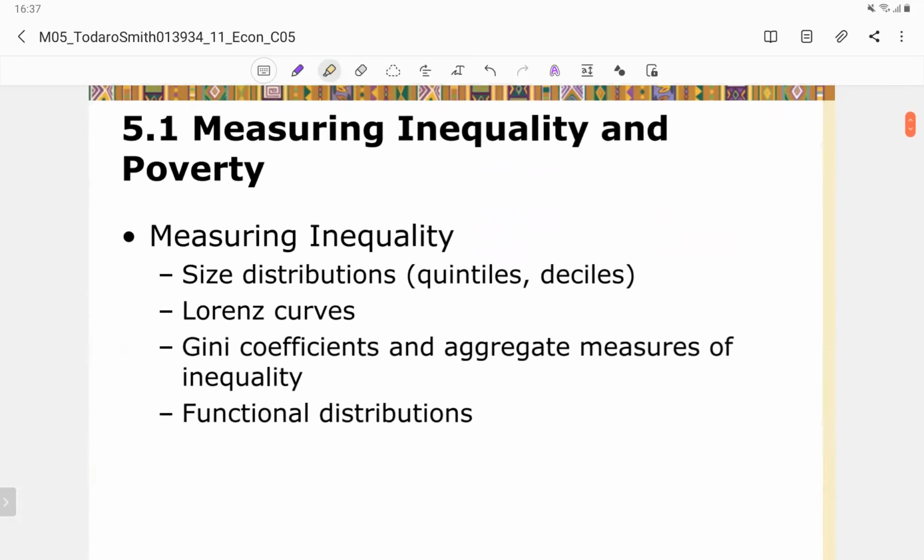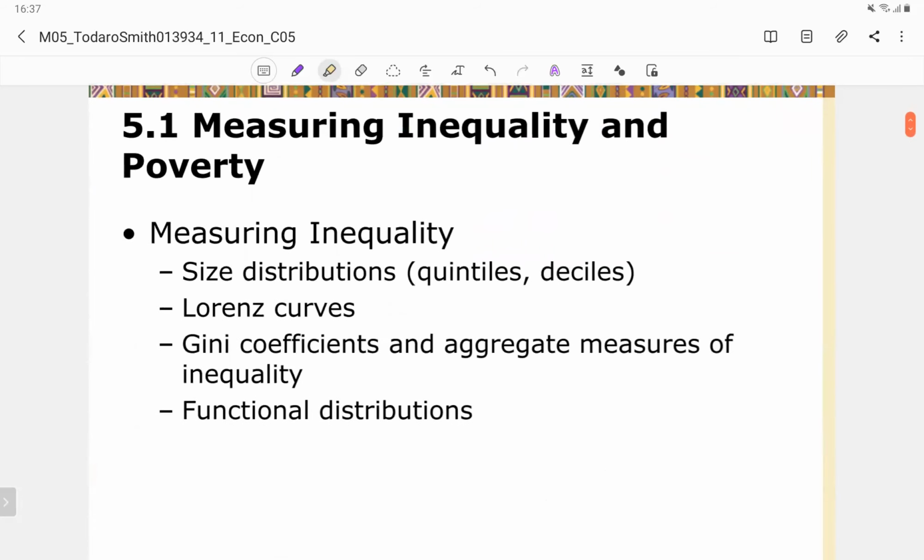Okay, the first thing that we will learn today is how to measure inequality and poverty. There are some ways to measure inequality and poverty. We can use size distributions or using quantiles and deciles. And also we have Lorenz curves and we have Gini coefficients. You must be very familiar with Gini coefficients, right?